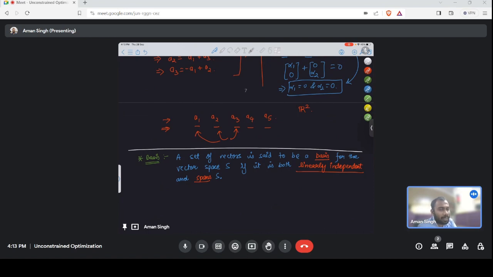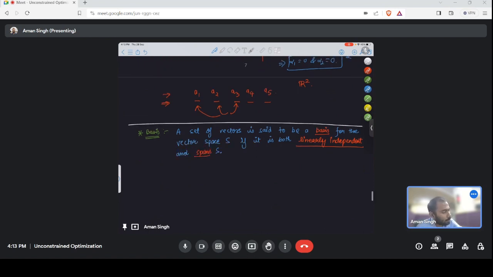So basically the number of vectors in a basis is the minimum number of vectors required to represent any vector in space S. We'll look at some examples in R square.